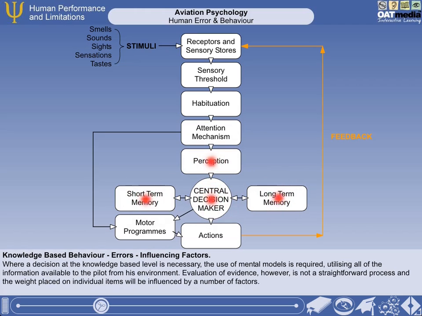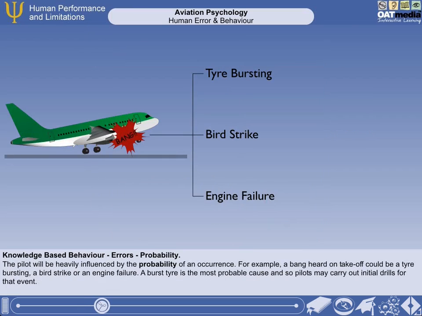Evaluation of evidence, however, is not a straightforward process, and the weight placed on individual items will be influenced by a number of factors. The pilot will be heavily influenced by the probability of an occurrence. For example, a bang heard on takeoff could be a tyre bursting, a bird strike, or an engine failure. A burst tyre is the most probable cause, and so pilots may carry out initial drills for that event.